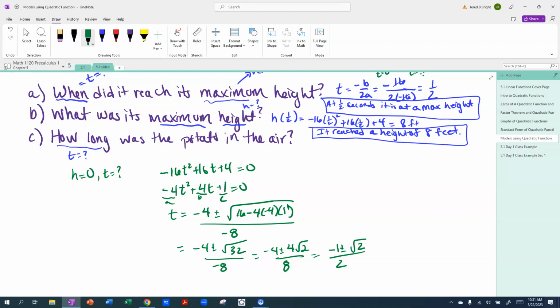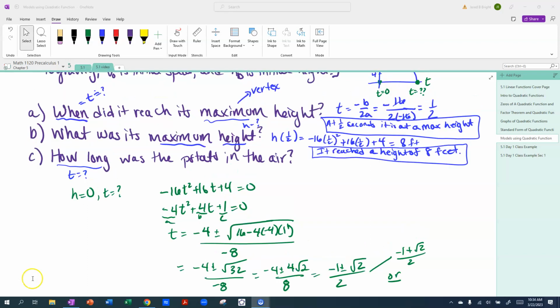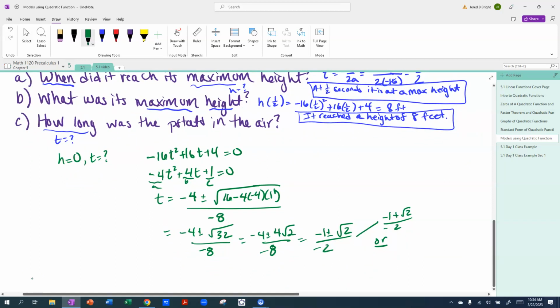So I just divided everything by 4. So I either have negative 1 plus square root of 2 all over 2, or, and I'm now realizing I forgot the negatives here. Oops, there we go. Or we'd have negative 1 minus root 2 all over 2.